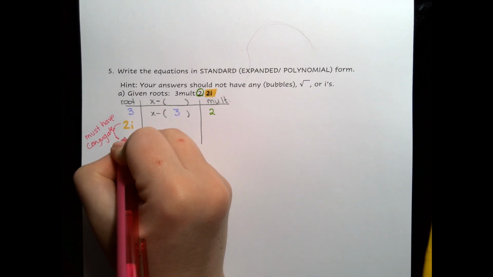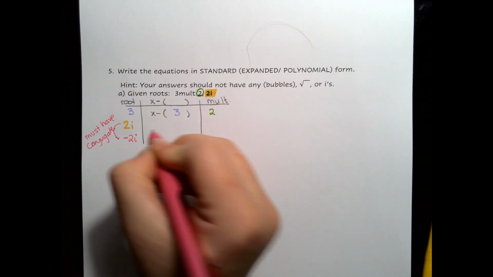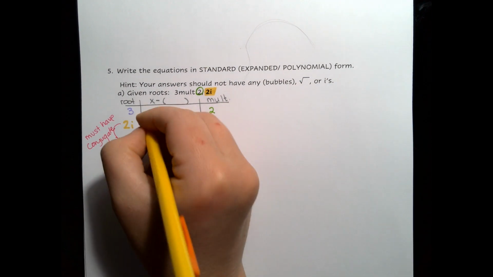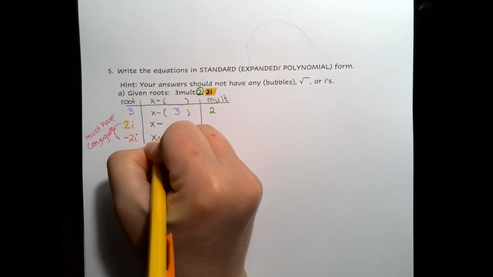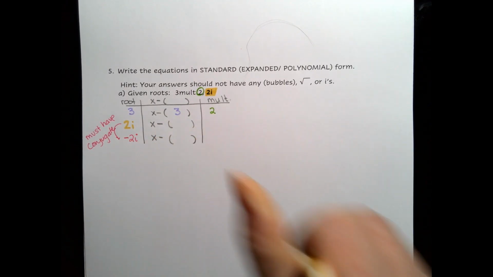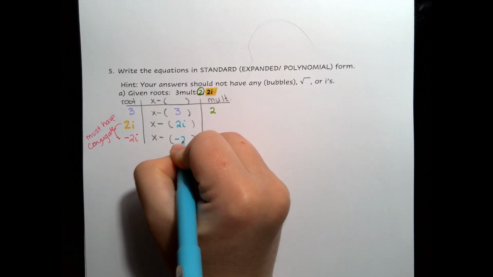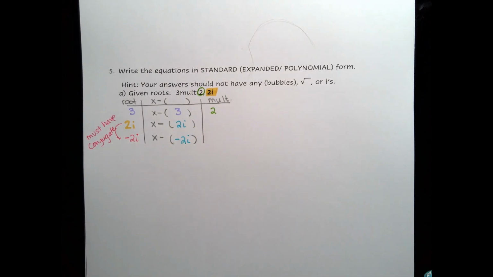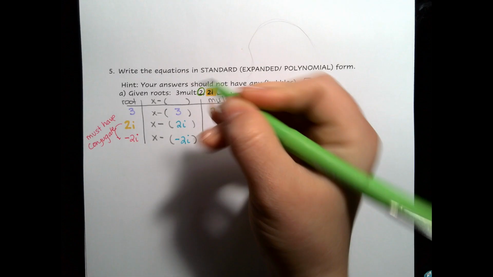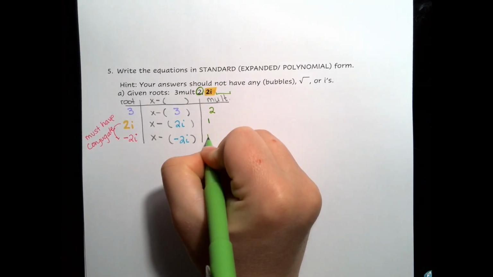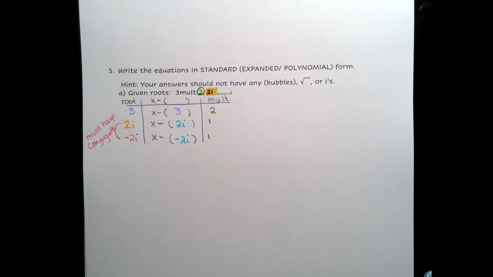So because this is a positive, I do have a negative 2i as my root. So we would continue here as x minus, open and open. Put in the 2i, put in the negative 2i. And because they're not telling us any multiplicities, that means I have a multiplicity of 1 for both.